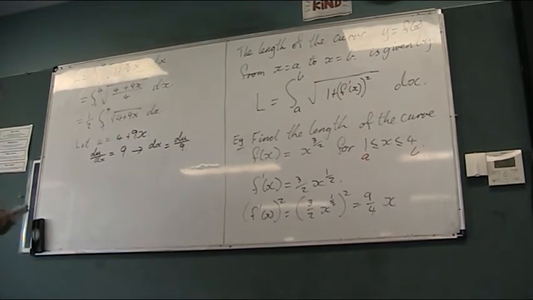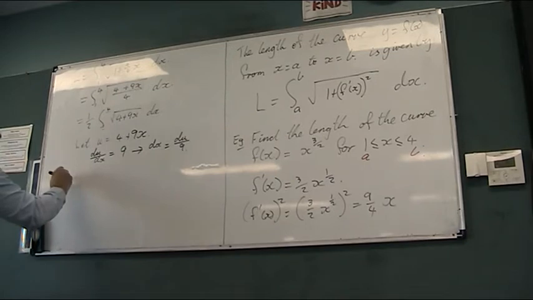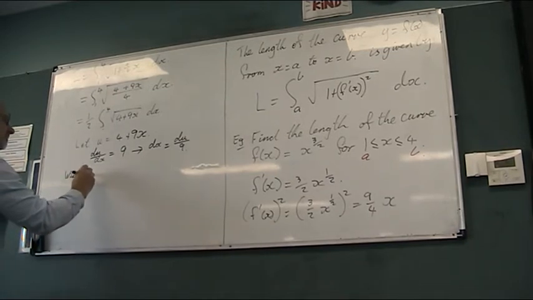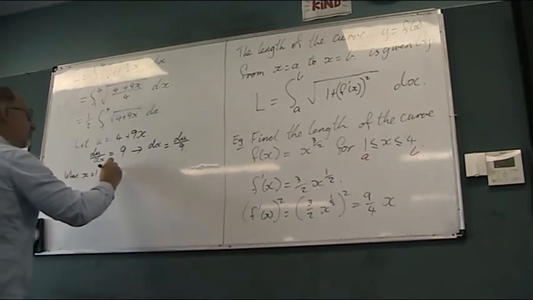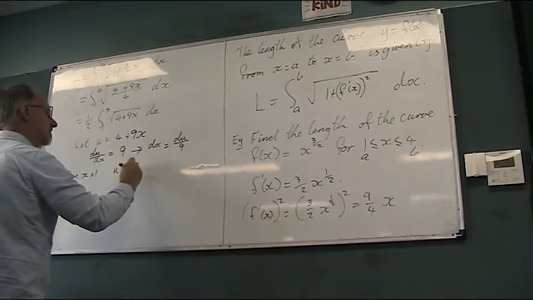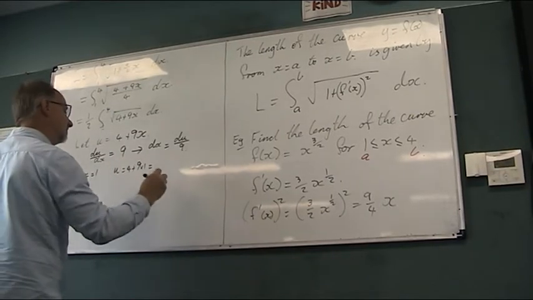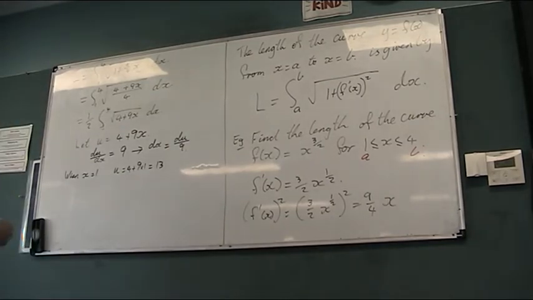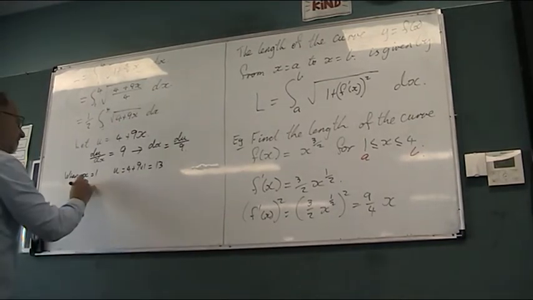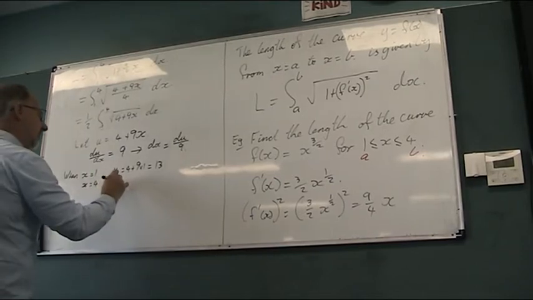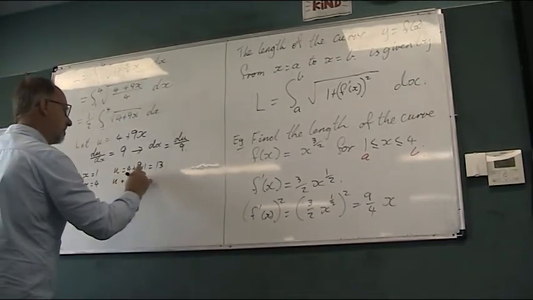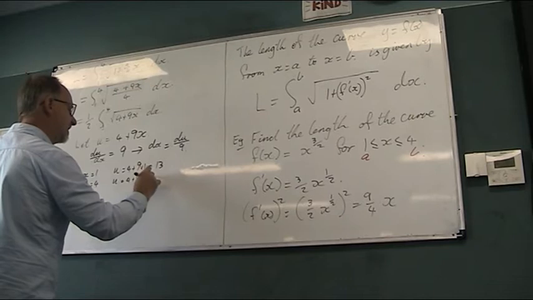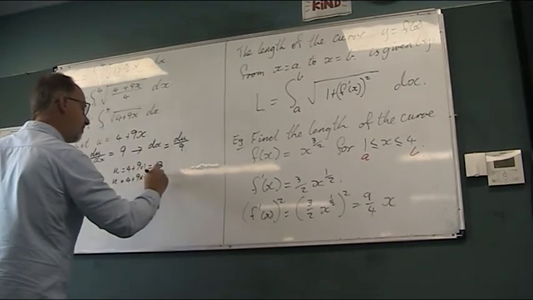So when x is equal to 1, u would be equal to 4 plus 9 times 1, which I think should be 13. And when x is equal to 4, u would be 4 plus 9 times 4, which is 36 plus 4, 40, I hope.